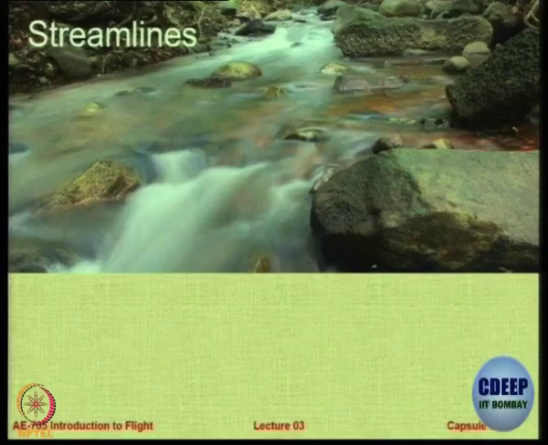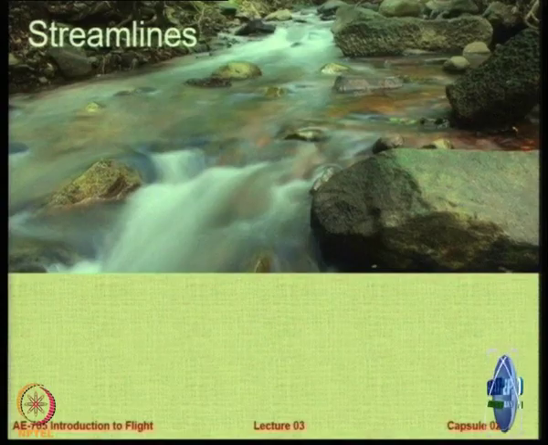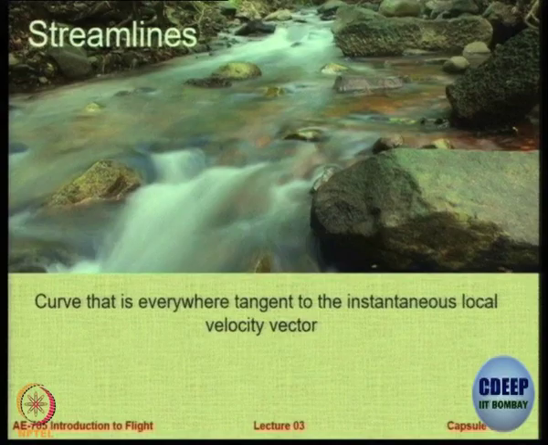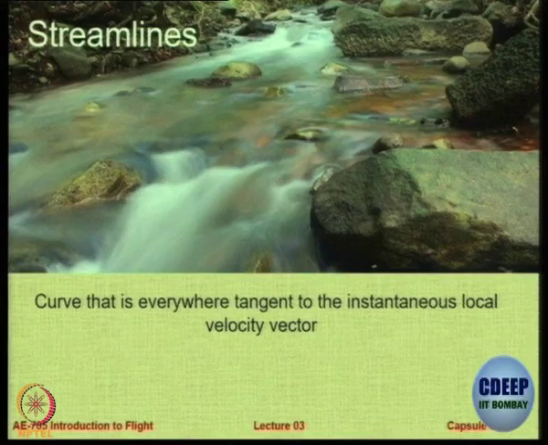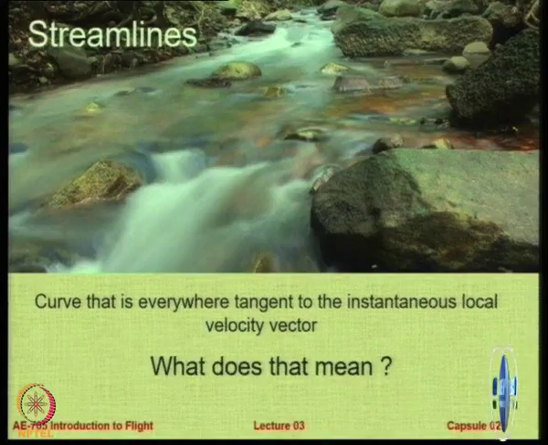So what do we see here? We see a river or a small brook flowing across, there is flow. If you draw a curve that is tangent to the instantaneous local velocity vector at every point, that particular curve is basically a streamline. Okay. So now I want to ask you, is a streamline a property which is Lagrangian or Eulerian?